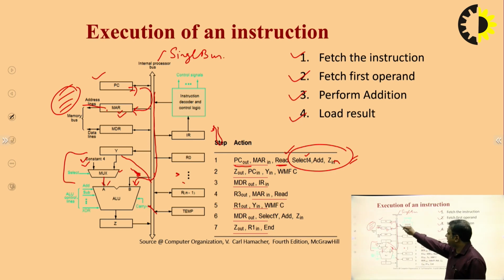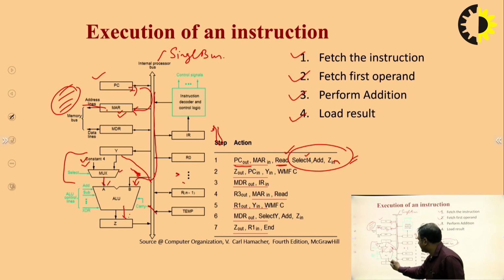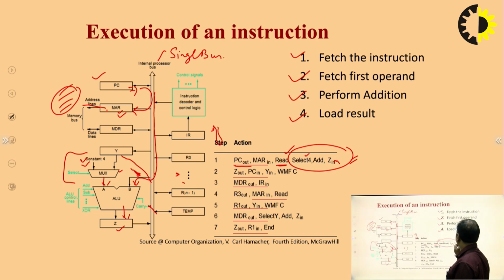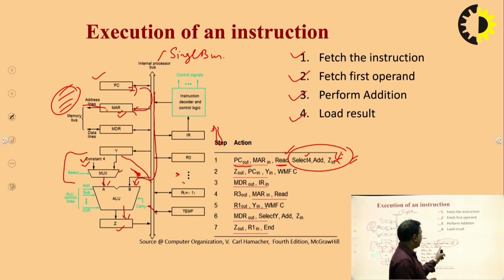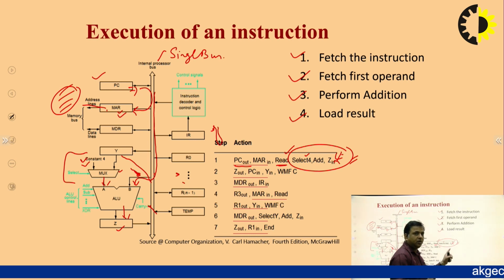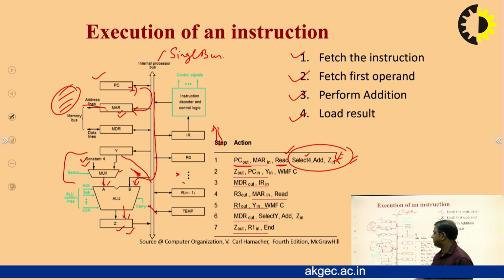The program counter contents and +4 are going to be transferred into the temporary register Z in. So these three small micro instructions: select 4, the add operation selected in the ALU, and Z in. The ALU will perform the addition, and the result will be transferred into register Z.